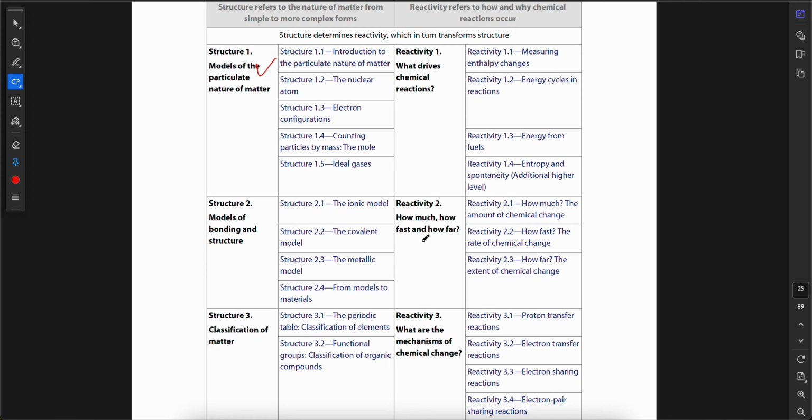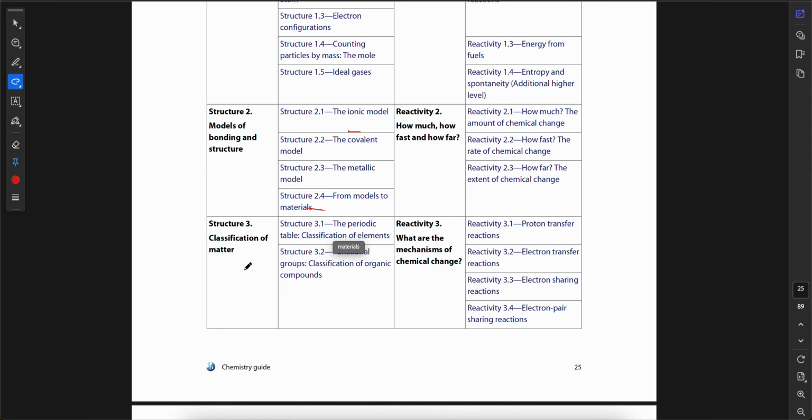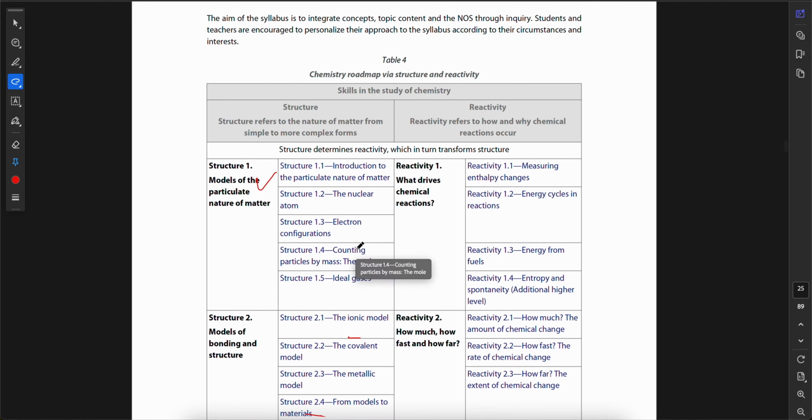And the second one explores bonding models: ionic, electron transfer; covalent, electron sharing; and metallic, delocalized electrons, and links them to how these bonds influence materials and properties. The next theme is Structure 3. It's about the periodic table and the functional groups of organic compounds.